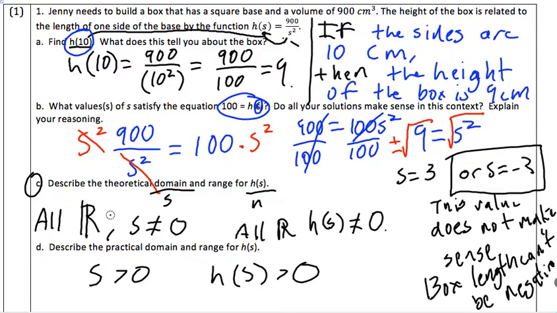Also, theoretical means what's mathematically possible, and practical means what's realistically possible. Mathematically, there are a lot of numbers we can plug in: all numbers except 0. Practically, it would never make sense to have a negative side, so our practical domain is s has to be greater than 0, or s has to be positive. All right, so that's question 1.